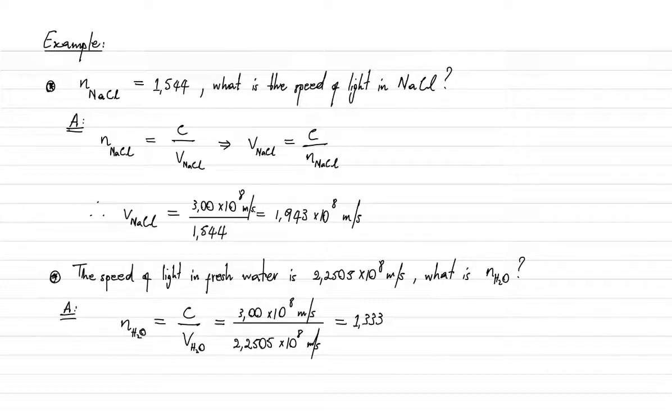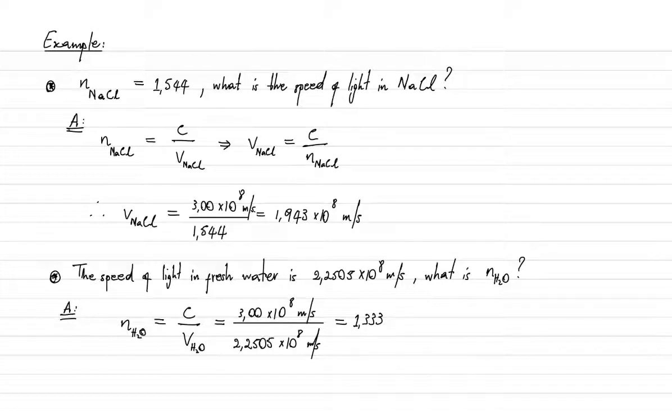That is, we know the speed of light in a vacuum, that's c, and we are given the speed of light through that medium, that's v. In this case, the medium is fresh water, H2O. And by plugging in these values, we can deduce that the index of refraction of water is 1.333. Again, without units because this ratio is unitless.